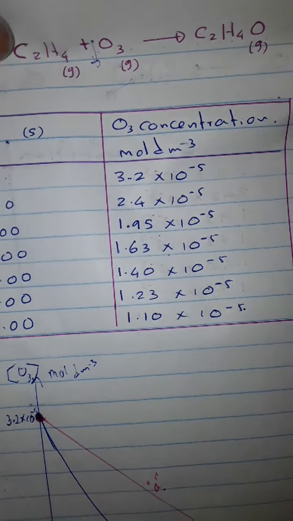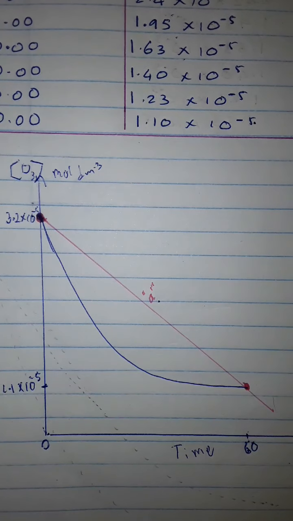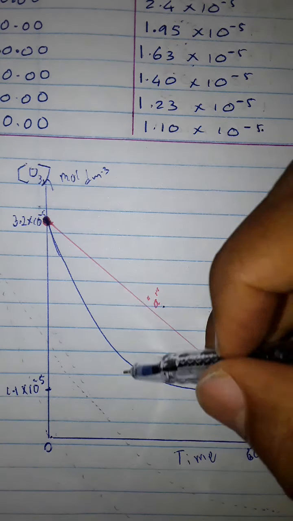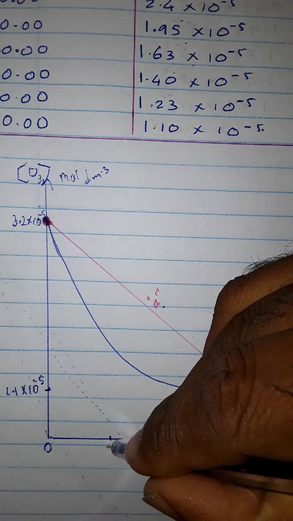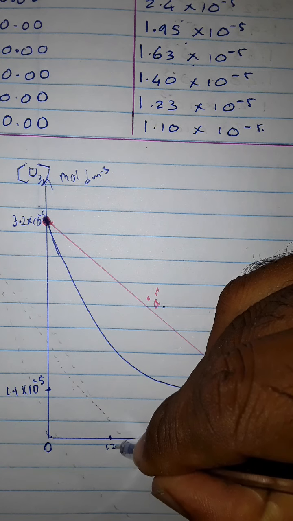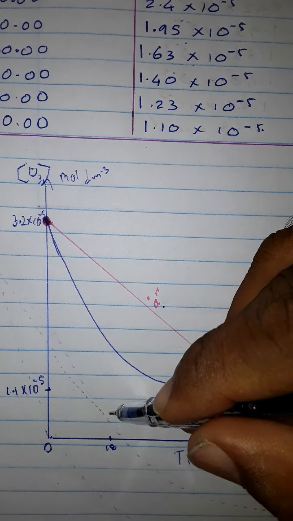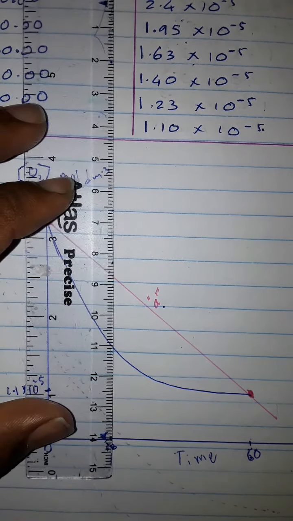Instantaneous rate of reaction means the rate of reaction at any specific time they highlight. Now for an example, say this is the 18th second. I don't know, just imagine this is the 18th second. So I want to find the rate of reaction at the 18th second. So what I will do, right?